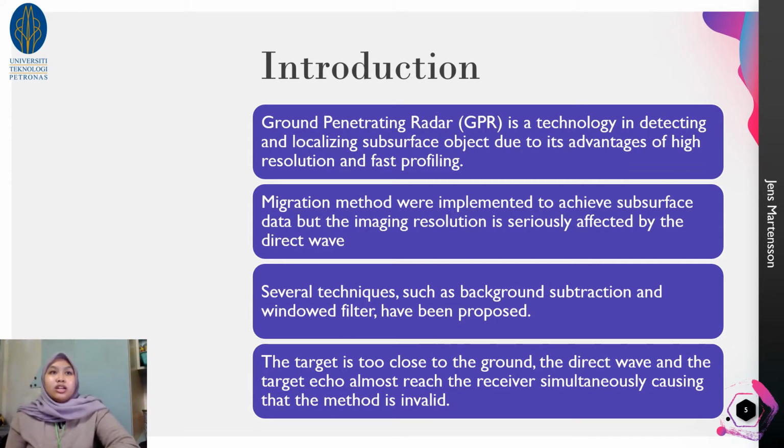But while doing the experiment, the target was too close to the ground, and the direct wave and the target echo almost reached the receiver, but didn't reach it. So that ended up becoming invalid.